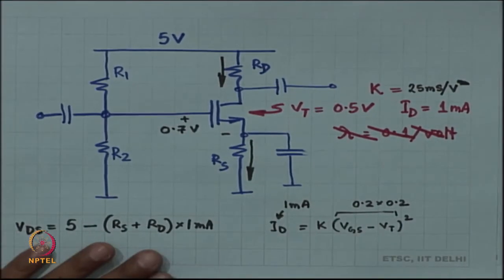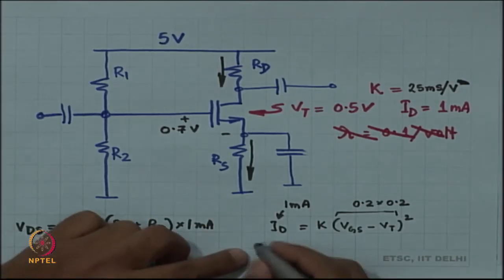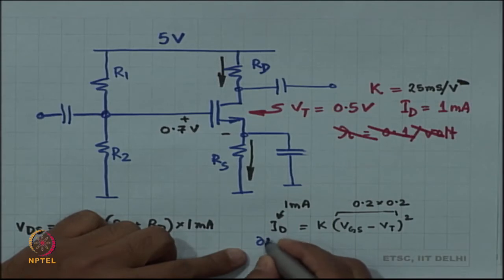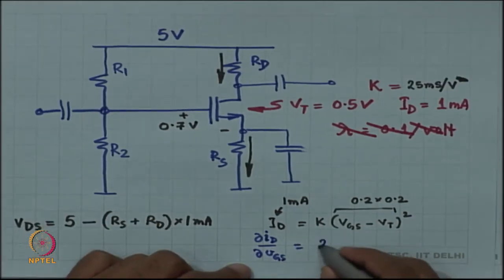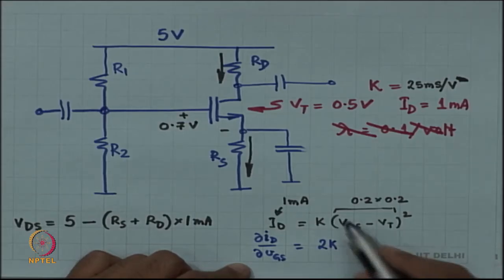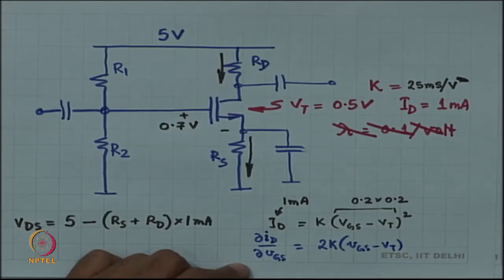ID is K times VGS minus VT the whole squared. So, GM is how much? 2K times VGS minus VT, which was 0.2, right.